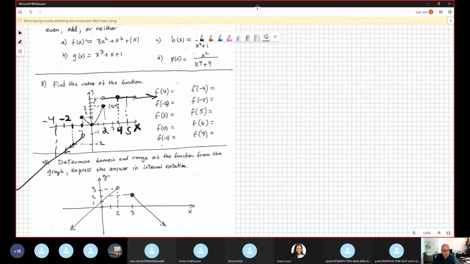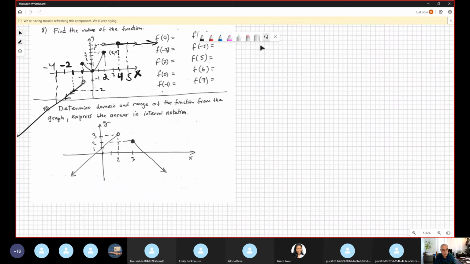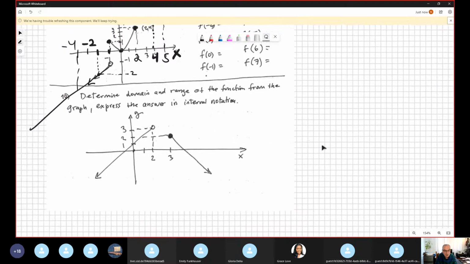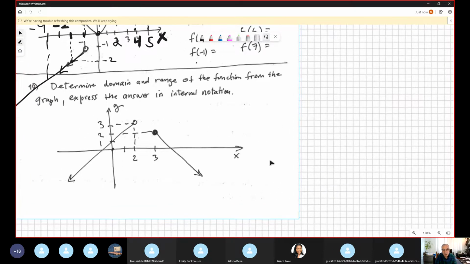Okay, now question 10 is looking at the graph, no operation. You look at the graph and determine the domain and range. Let me zoom in to see the graph more clearly, and express the answer in interval notation. The teacher explained to me that the domain is the set of the x values in which the function is defined.